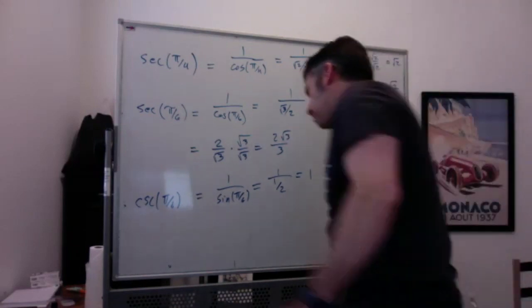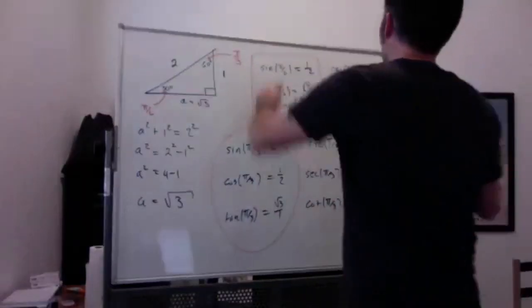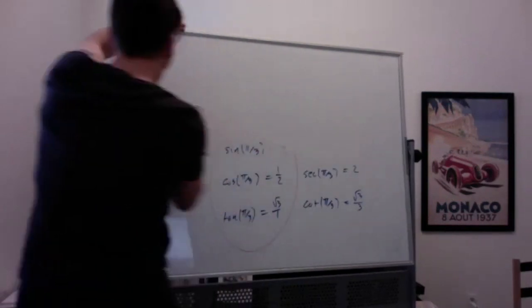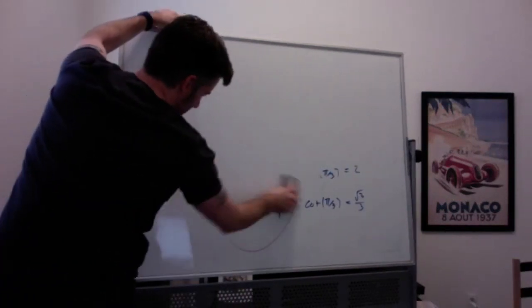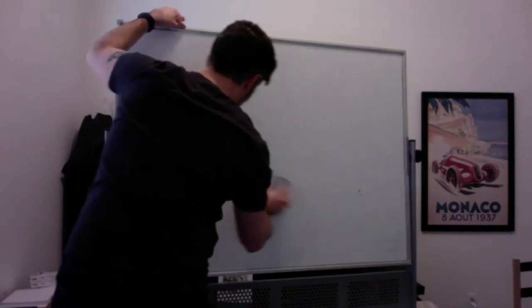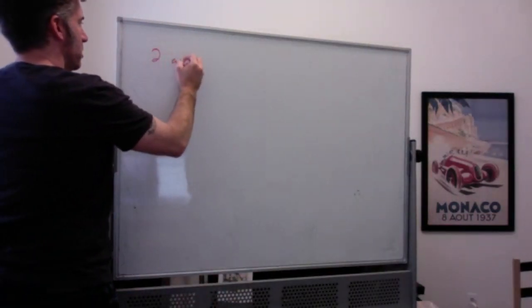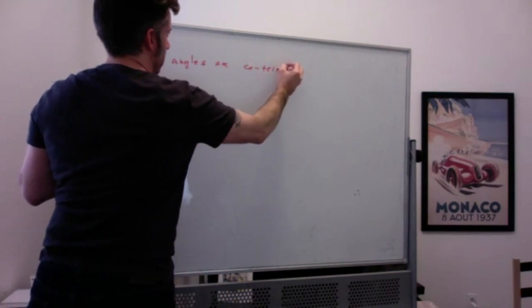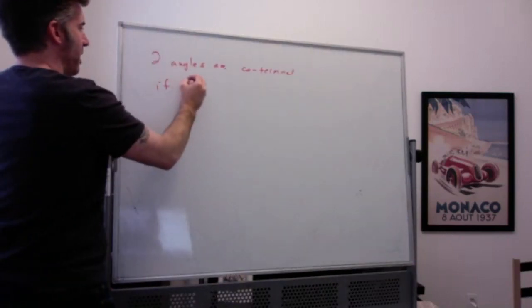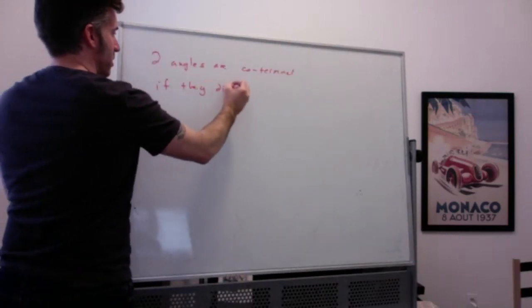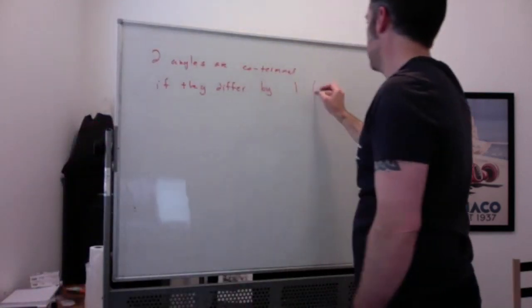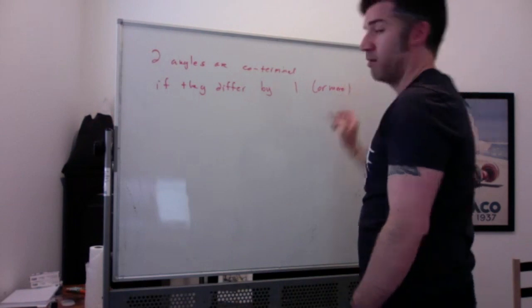One other small thing I should say. This isn't in any of your homework questions, but I do want to point it out because I don't think we say it anywhere else in this class, and it does come up in future classes. Two angles are coterminal if they differ by 1 or more full revolutions.